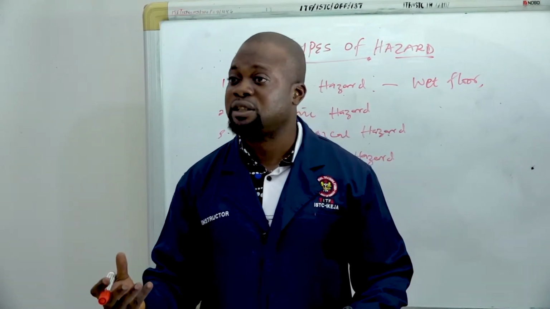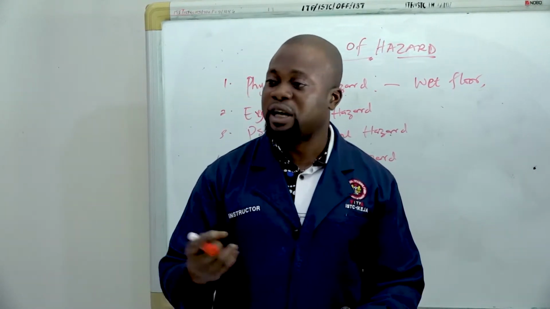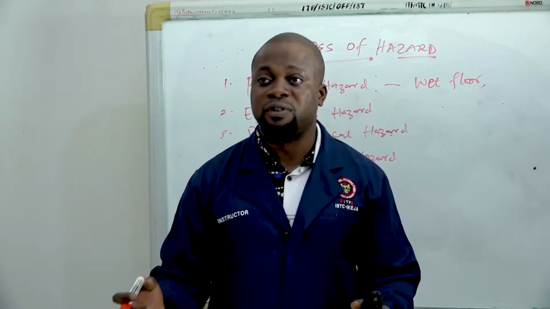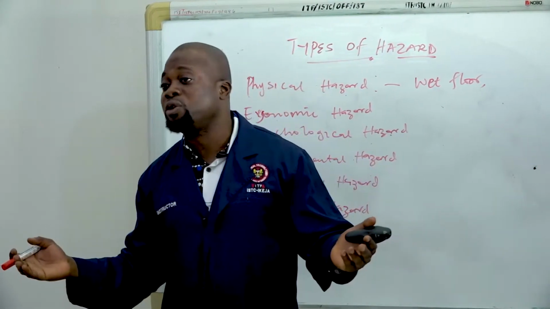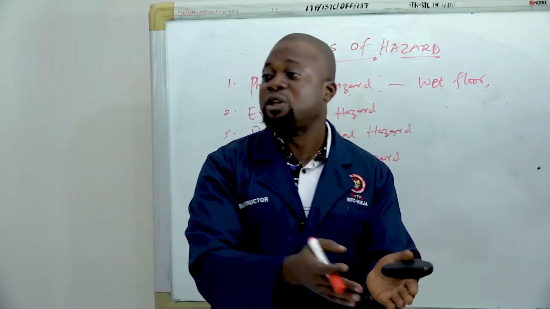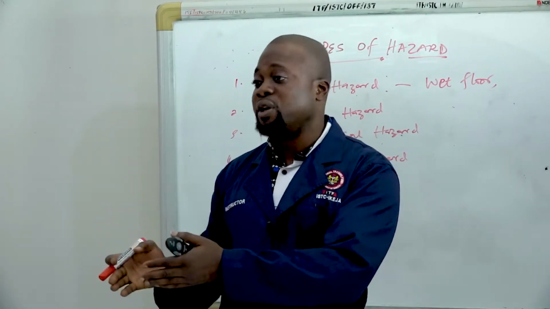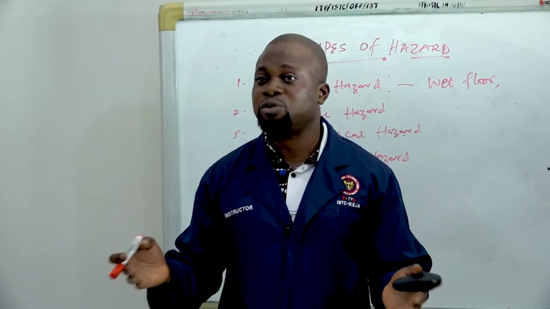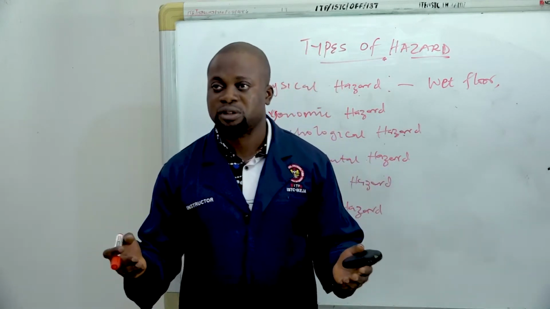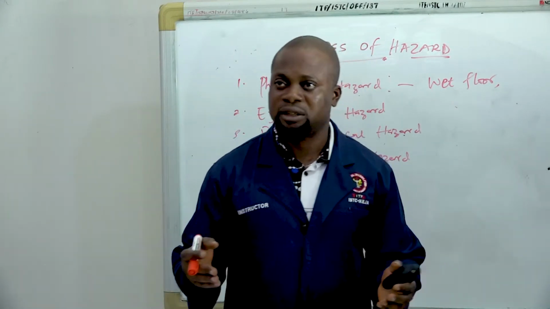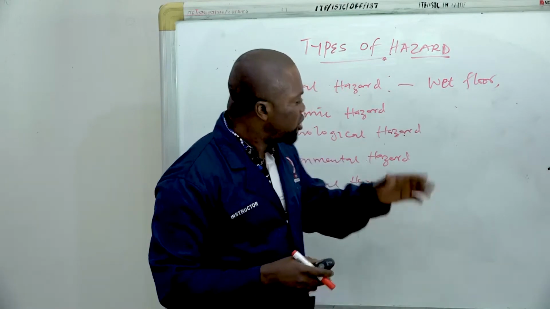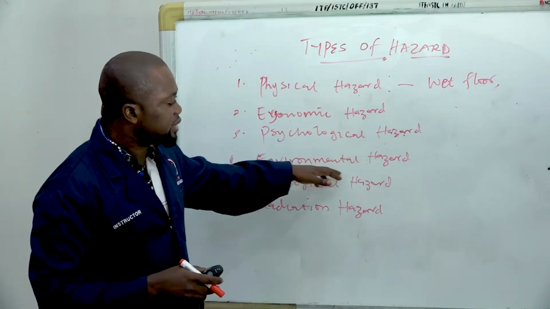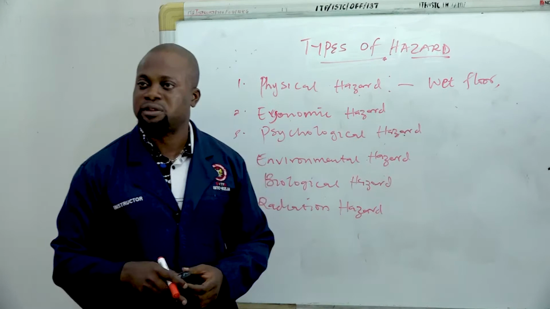It's hazard, because it's not everybody that can withstand hot environment. Likewise, it has to do with cold. Temperature has to do with the hotness and the coolness of the environment. So there should be proper ventilation, no contaminated air. So you look at all these things. That is where the environment comes in.